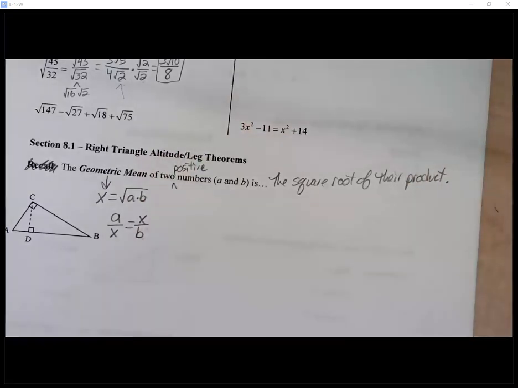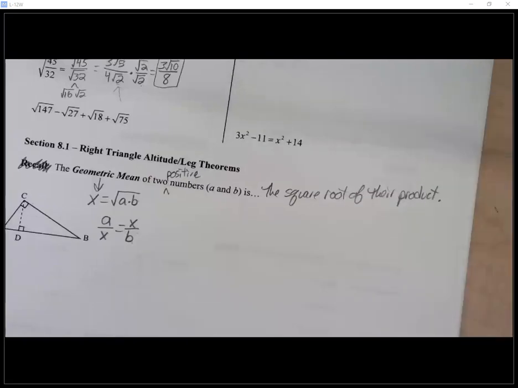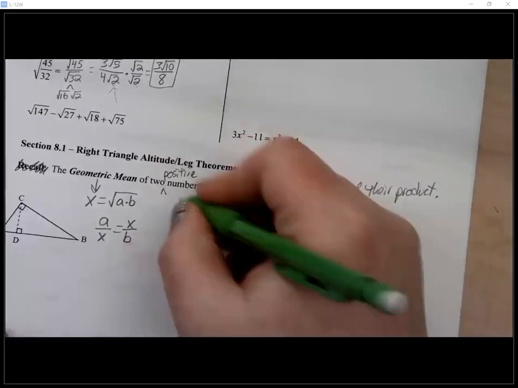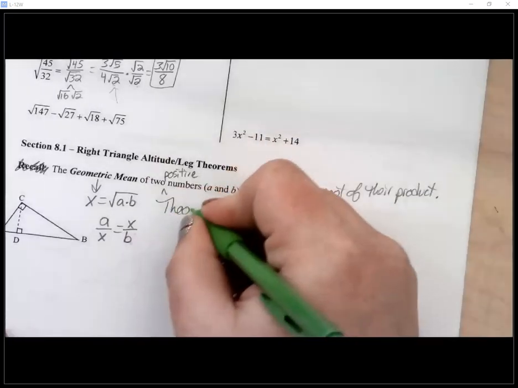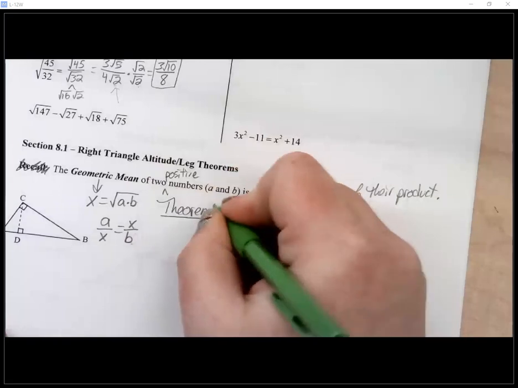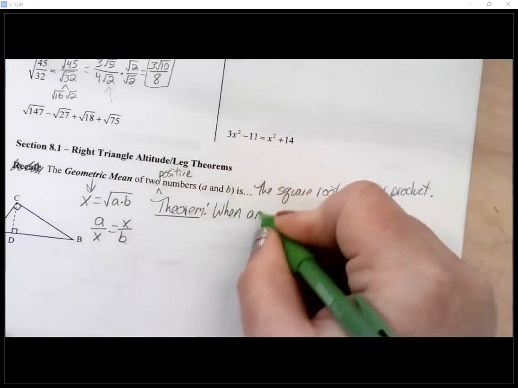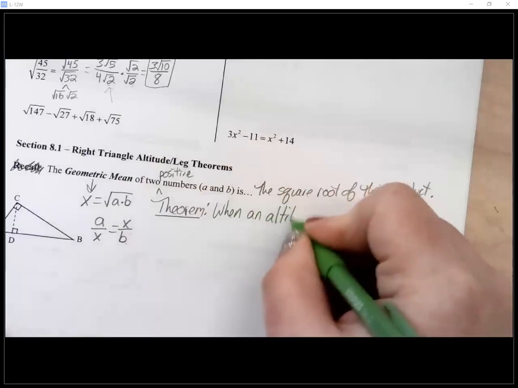All right, now how does this have anything to do with triangles? Let me show you. We have a theorem to write in here. I'm going to put it right here. When an altitude, do you remember what an altitude is in a triangle?